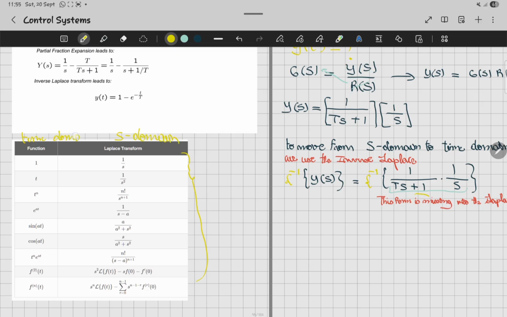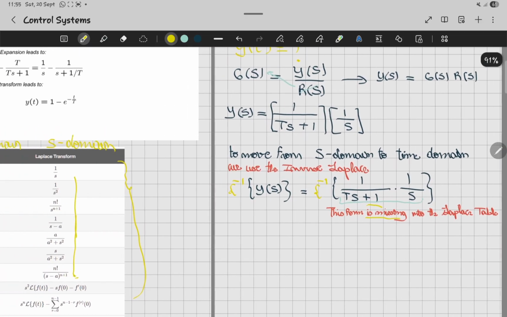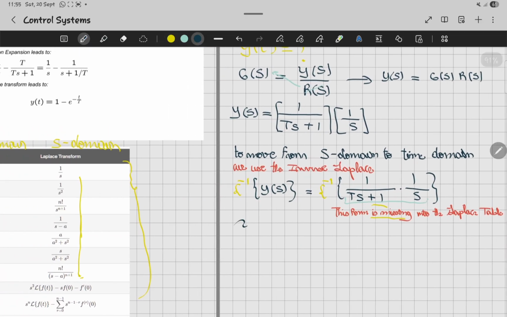You can see that in all the tables that we have here, we don't have this form, so this form is actually missing.